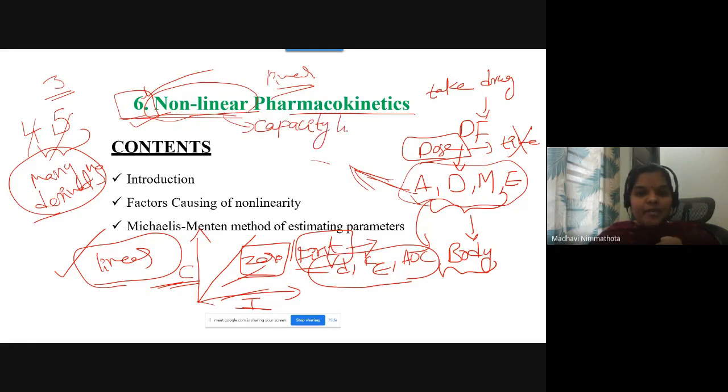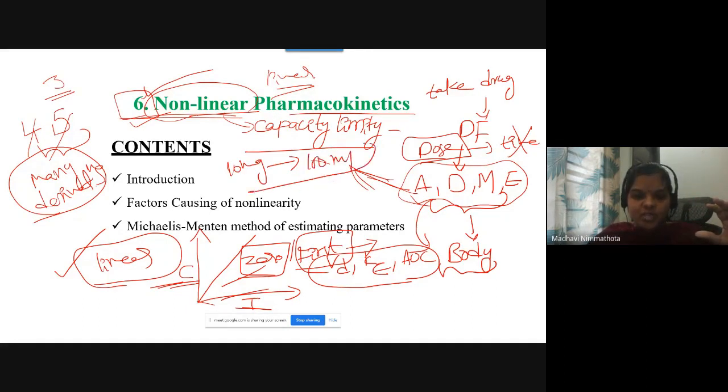Capacity limited means this type of drug has a limited capacity. There may be saturation with absorption or distribution. If the drug has saturation with protein binding or distribution, definitely it has some capacity limit. Suppose a 10 mg dose is to be distributed in 100 ml of body fluid, just assume it.